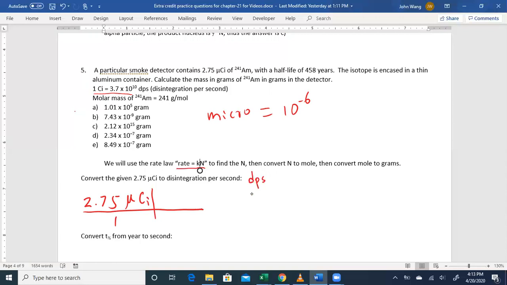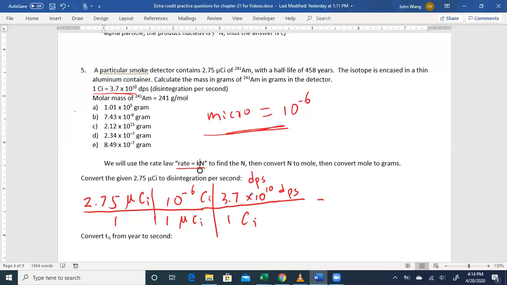So 1 microcurie equals 10 to the negative 6 curie, and this comes from this equation. The next conversion fraction will come from this equation, so we write 1 curie equals 3.7 times 10 to the positive 10 DPS.